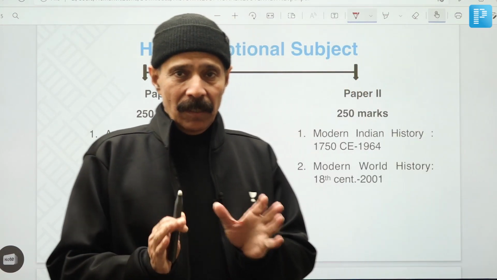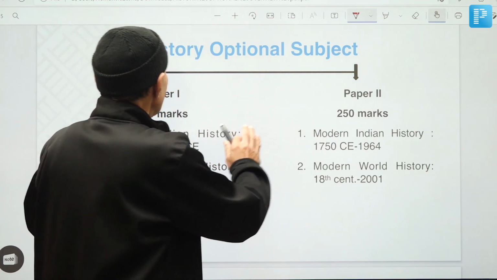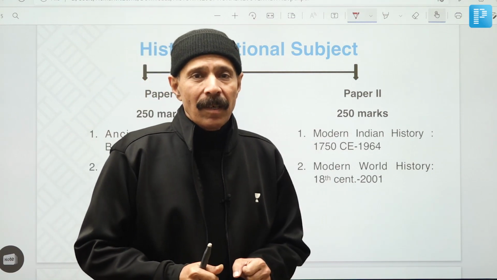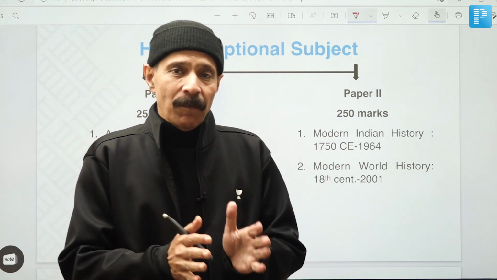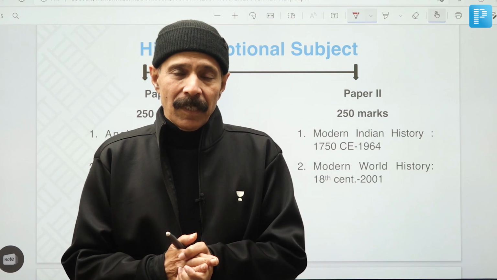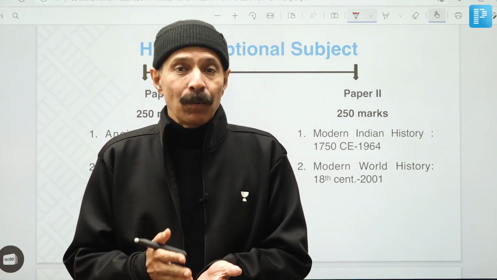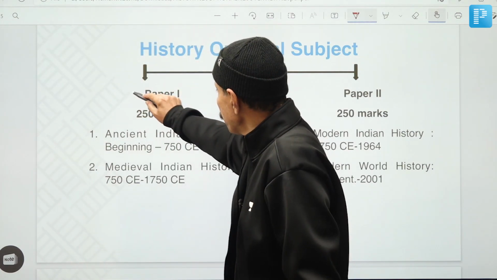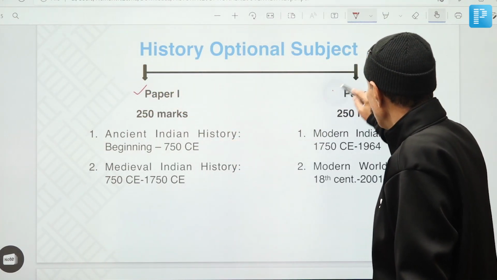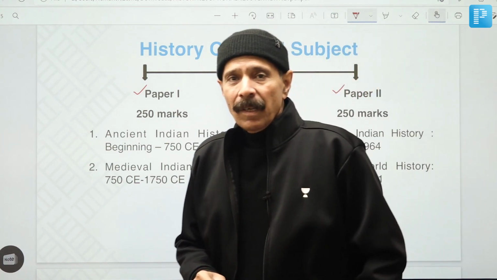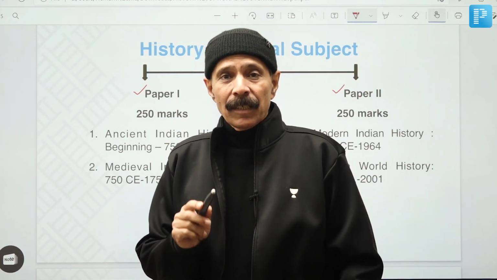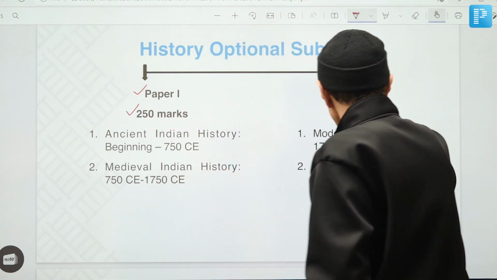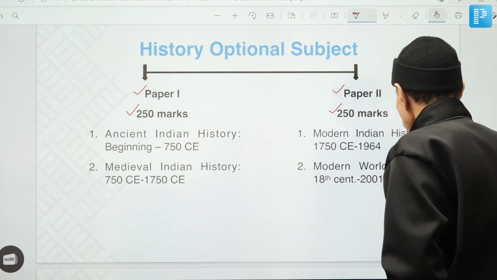In this presentation, you find the overall pattern of the history of the subject. As in the case of every optional subject, the history optional subject consists of 2 papers, paper 1 and paper 2. Each paper carries 250 marks, and that is the case in every optional subject.